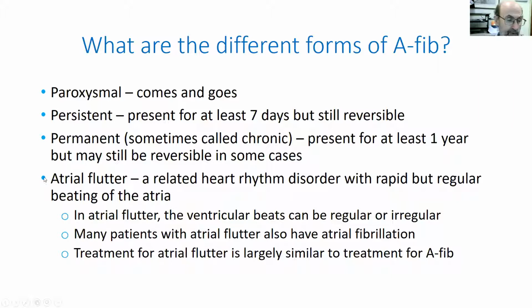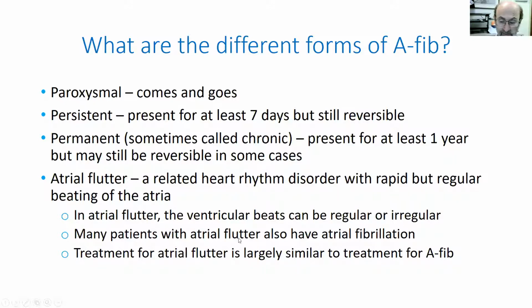Then I want to just briefly mention another condition called atrial flutter, which is a related heart rhythm disorder, but it has a regular beating of the atria rather than the chaotic beating that I showed you in an earlier slide. This is similar to atrial fibrillation, and the ventricular beats can be either regular or irregular.